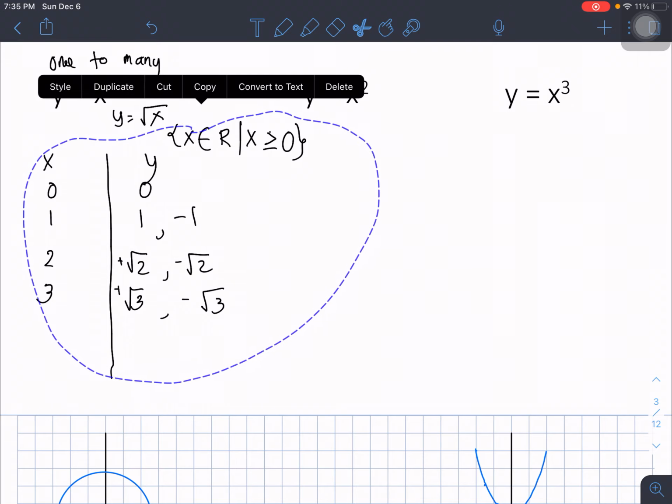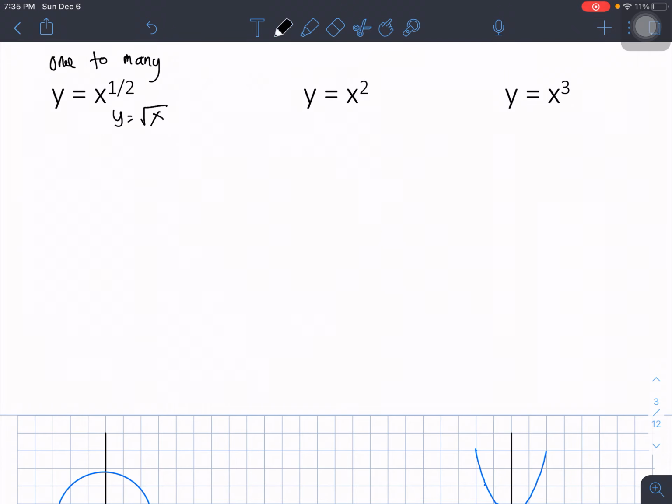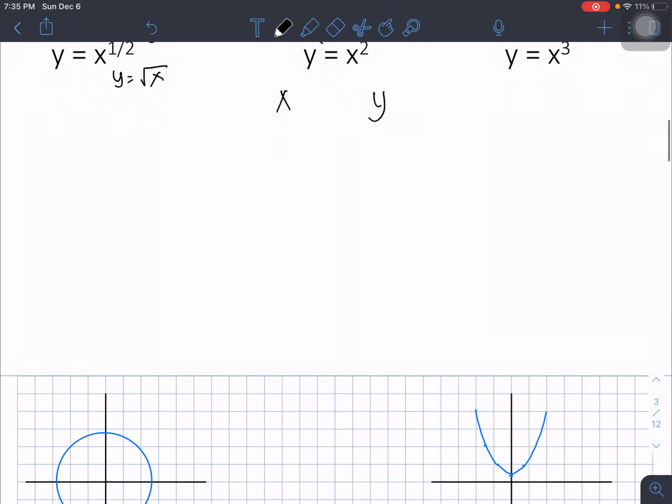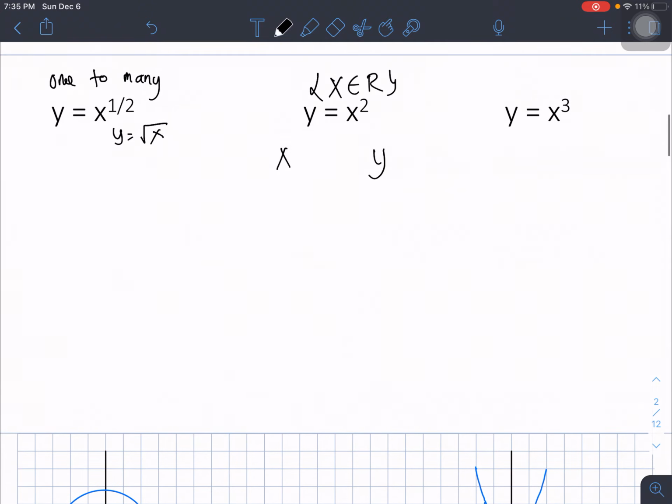Now let's have other examples. If y is equal to x squared, let us create a table of values with x as the domain and y as the range. x could be any real number, so there will be no restriction. Say x is equal to negative 2, negative 1, 0, 1, and 2.